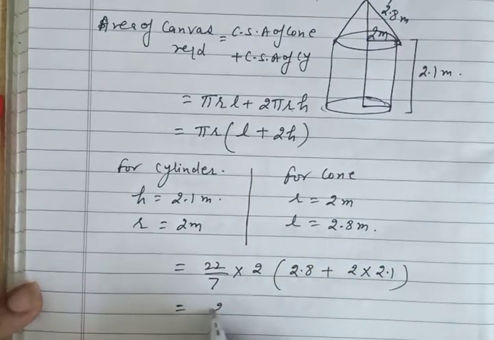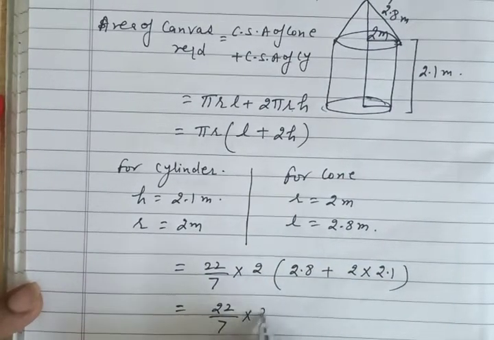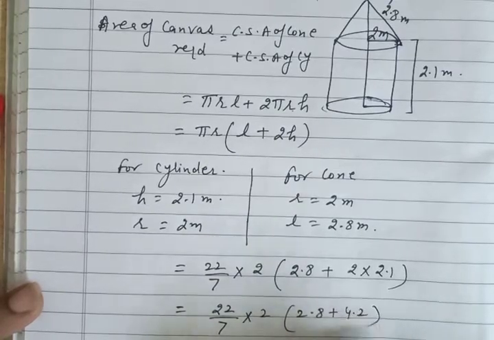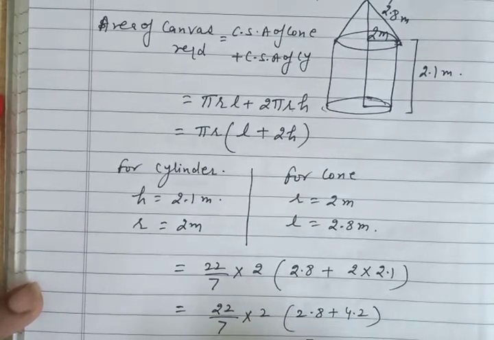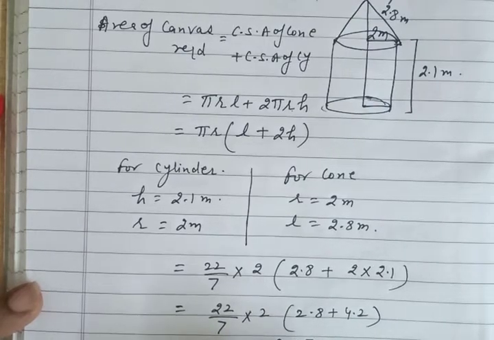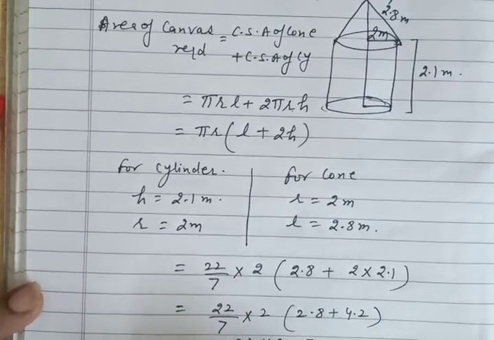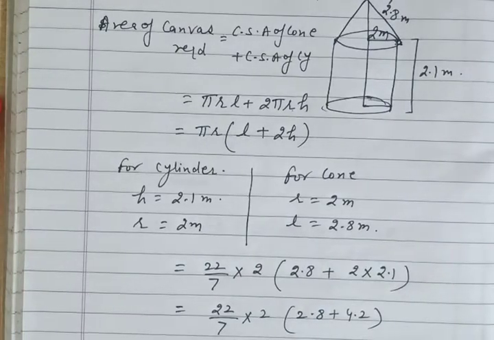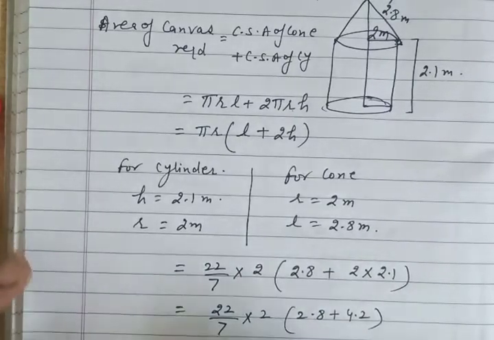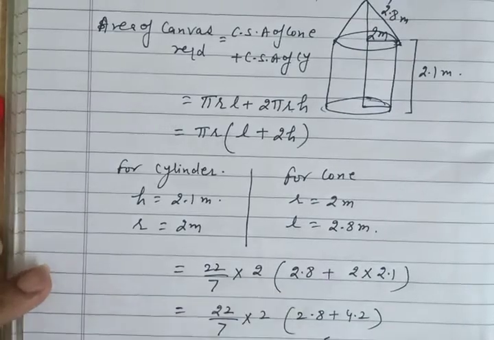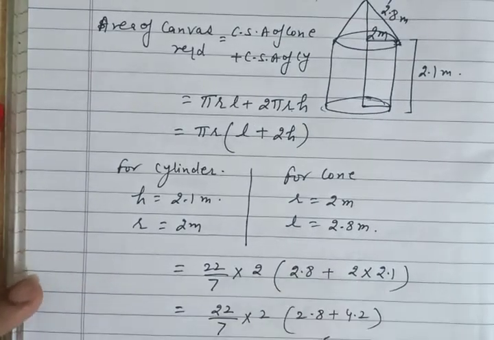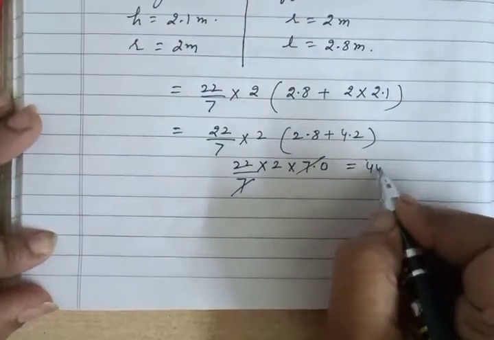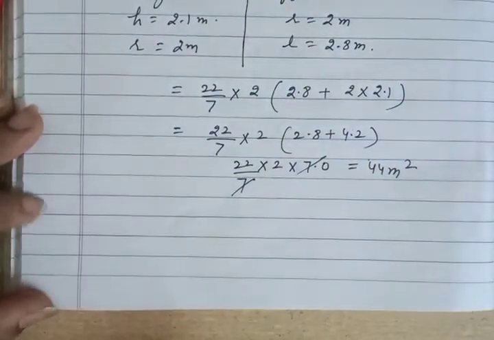Now we'll solve it. 22/7 multiplied by 2, times 2.8 plus 4.2. This is 7 into 2 into 22/7. The 7 cancels with 7, so the answer of this question is 44 meter square.